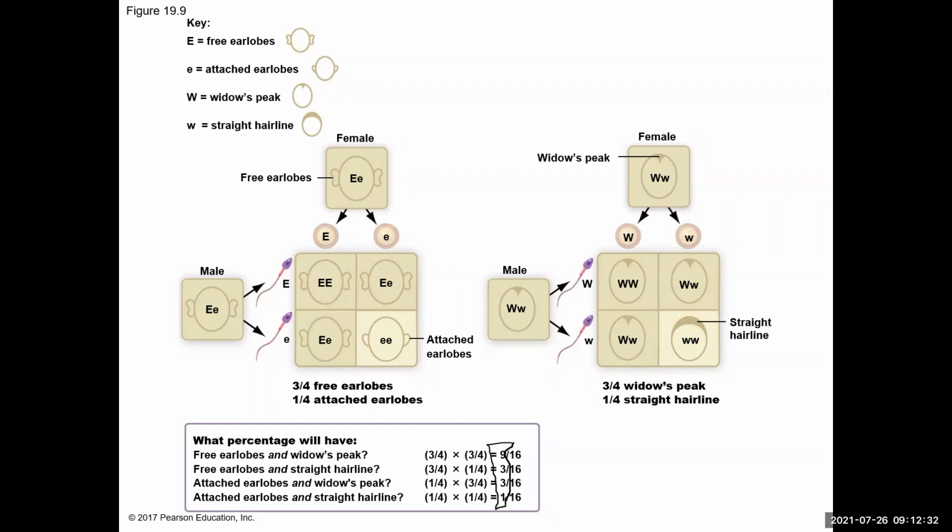All right, so that's it for the second video, where we're talking about monohybrid crosses, dihybrid crosses, and how we can get at the different probabilities for complete dominance, so when you have a dominant and a recessive trait.